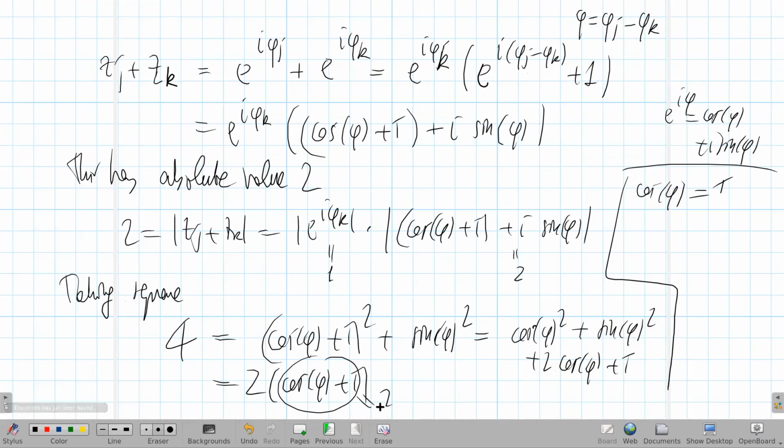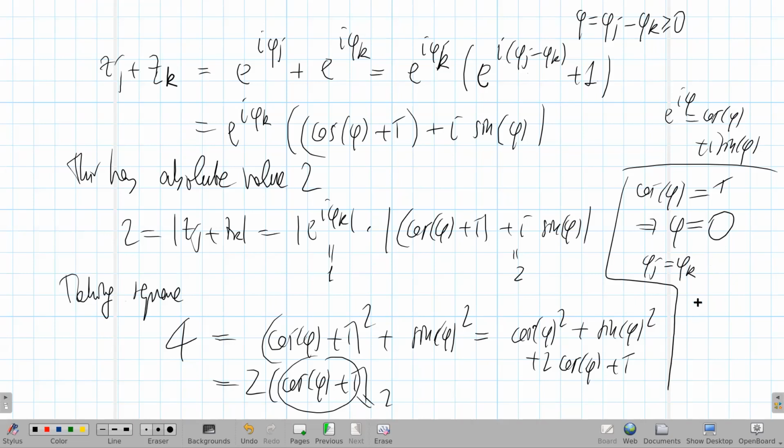Note that phi is greater than or equal to 0 because I had chosen phi j to be the greatest of the 2, so phi j is greater than or equal to phi k. The angle phi being 0 means that phi j equals phi k.